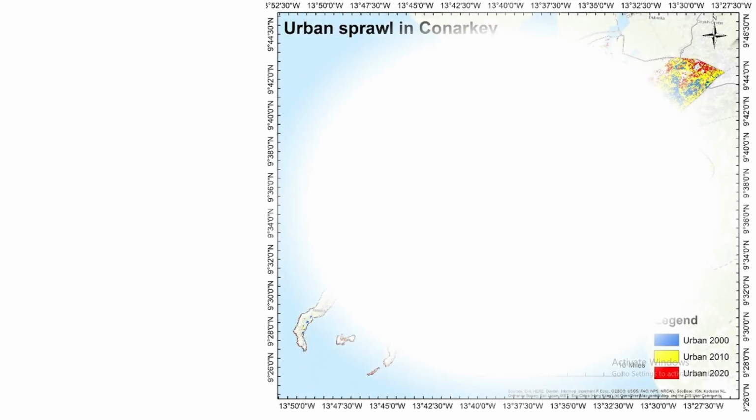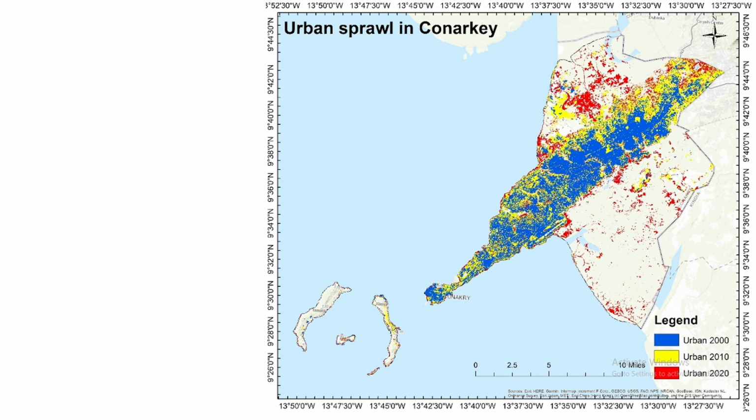First of all, you can see this is a map of urban sprawl in Konarki. Here the blue color is the built-up area in the year 2000, the yellow color is the built-up area in 2010, and the red color is the urban area in 2020.